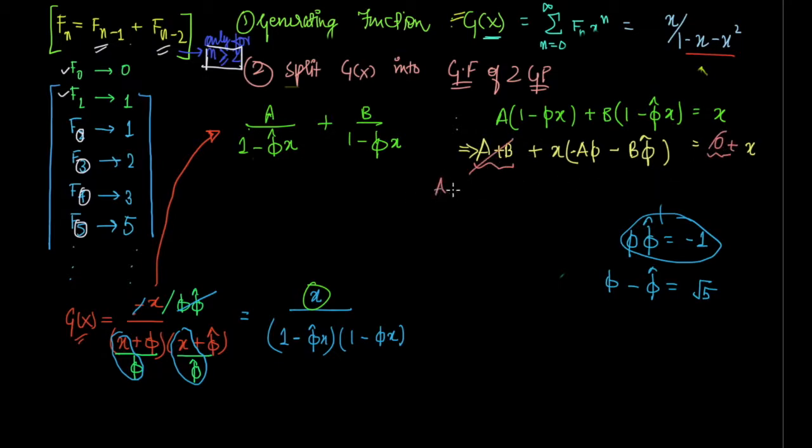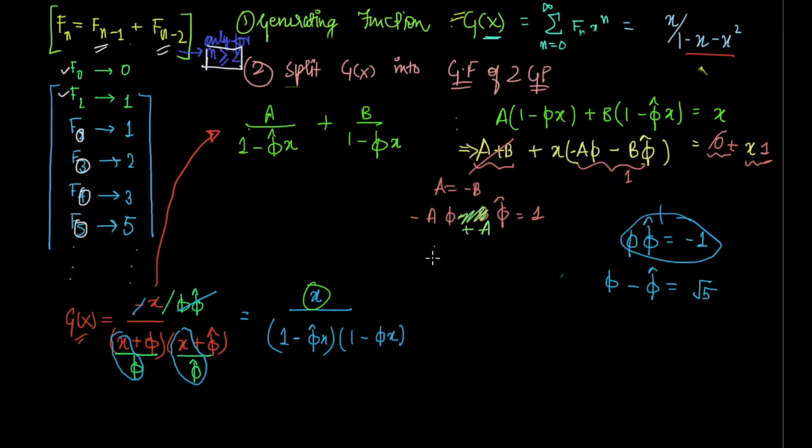That gives us a equals minus b. If this is 0, a plus b is 0, a equals minus b. And this must be equal to the coefficient of x, which is just 1. So now we employ this relation, we get this minus b, that is 1. But note, what we found out earlier was the fact that minus b itself is a. So this just becomes plus a.